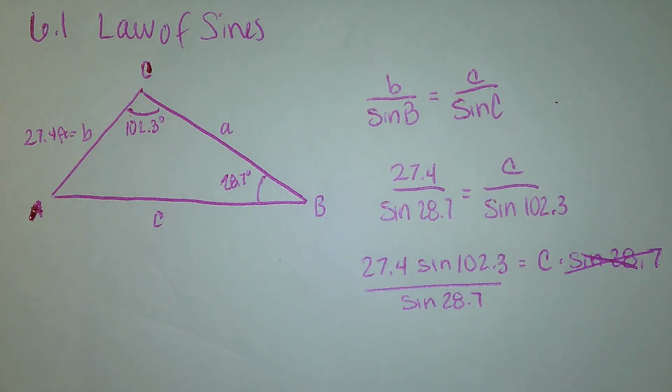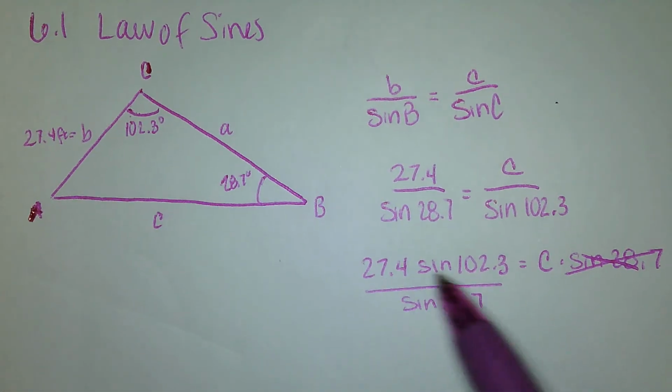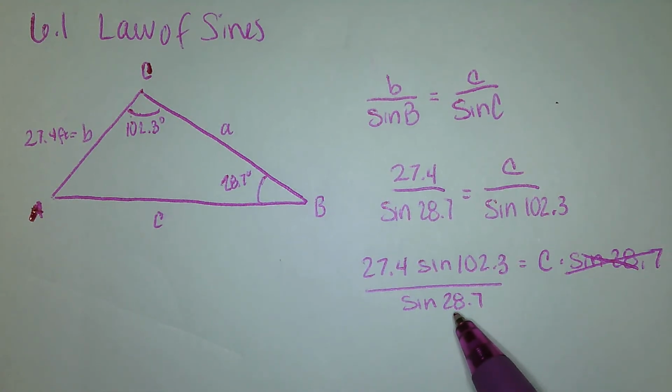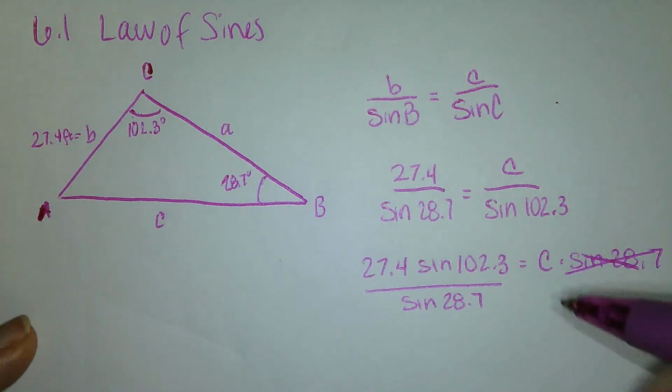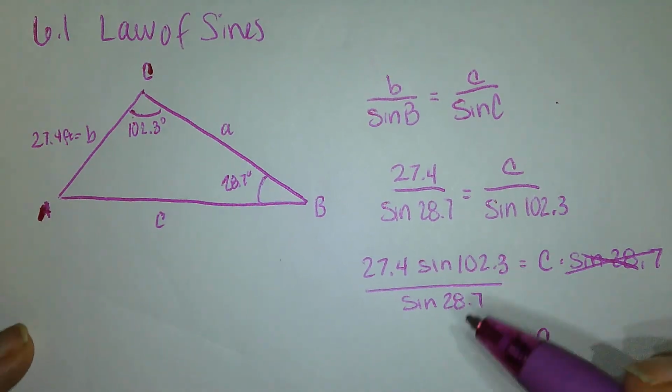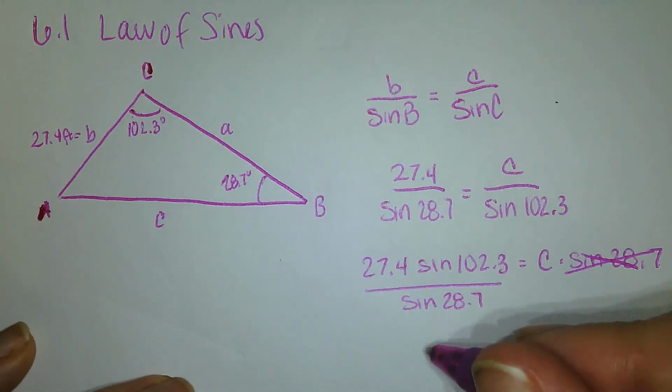Not too bad. So 27.4 times sine of 102.3 divided by sine of 28.7 will give us c approximately equal to 55.8 feet.